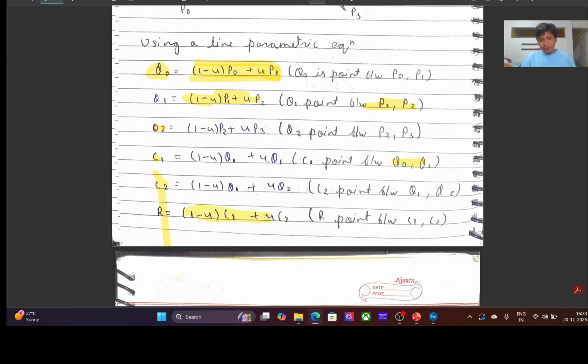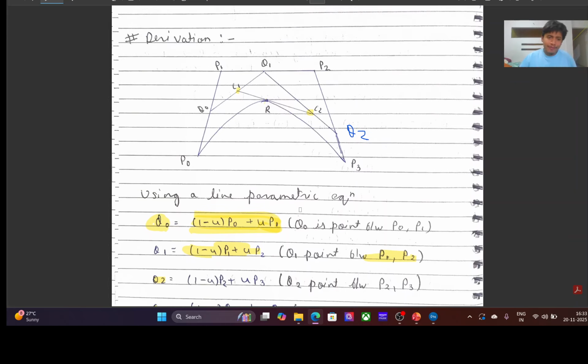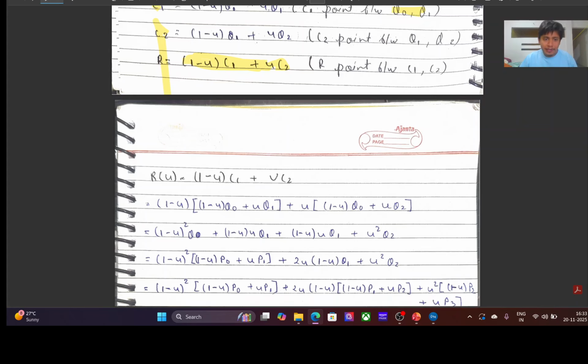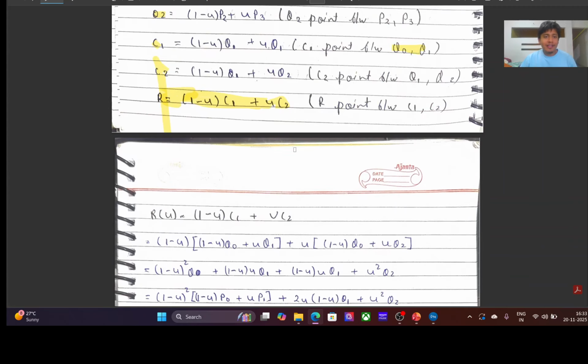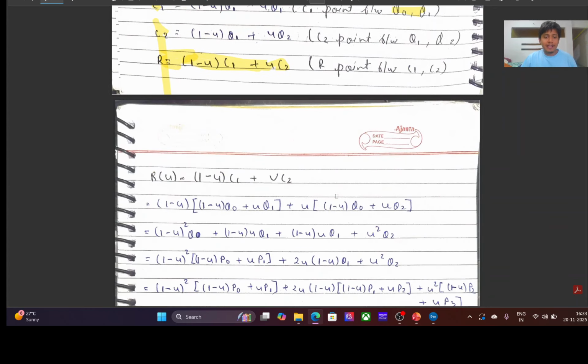So what are we going to do with it? We have written all the parametric equations for all the points we have in this Bezier curve. Okay. So first we are going to write the midpoint of everything, which is R, like the midpoint of the curve itself. Like this is the curve, the main curve, which R is kind of tangent to. Okay, here.